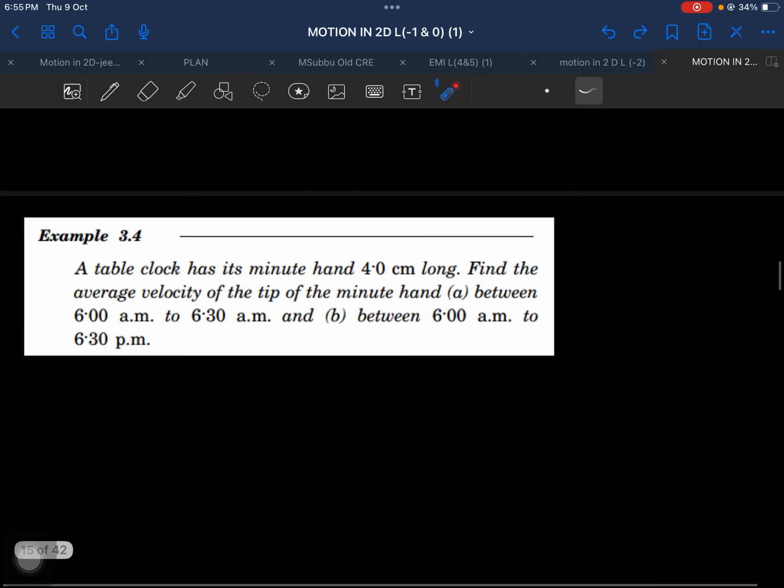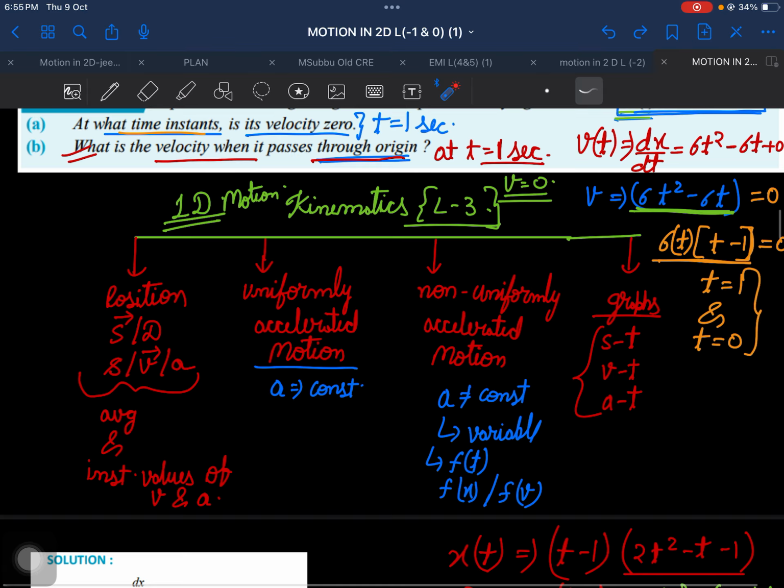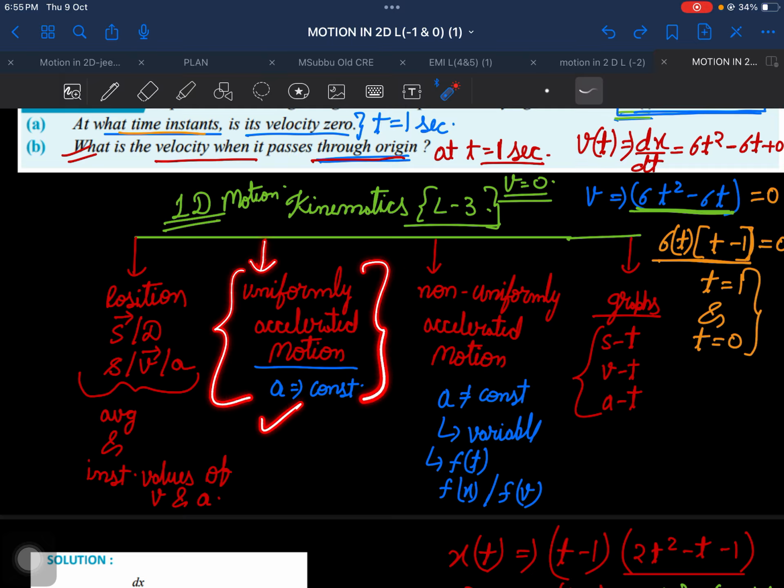I have already told you that this chapter of 1D motion, kinematics 1D, has been divided into four verticals. First is position, in which we have talked about position, distance, displacement, speed, velocity, acceleration, average and instantaneous values of that. And in the next section we'll talk about uniformly accelerated motion. So today we'll move on to this section.